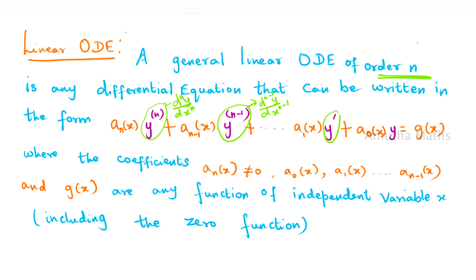What is this y dash? dy by dx, plus a naught of x into y is equal to g of x, where the coefficient an of x is not equal to 0.